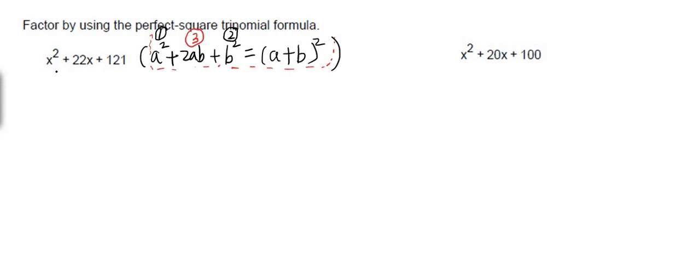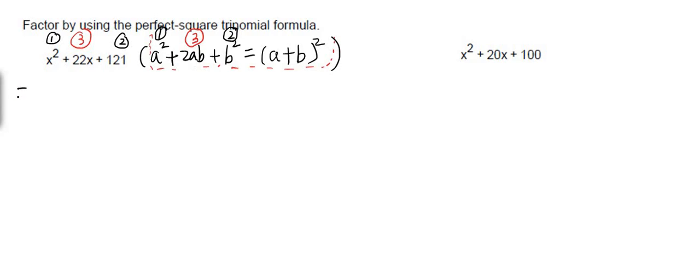Now, from this example, we have three monomials, and we can easily identify these three terms. This is the first term, this is the second term, and this is the third term. As we can see from the formula, the first term and the second term need to be written down in square format, right?